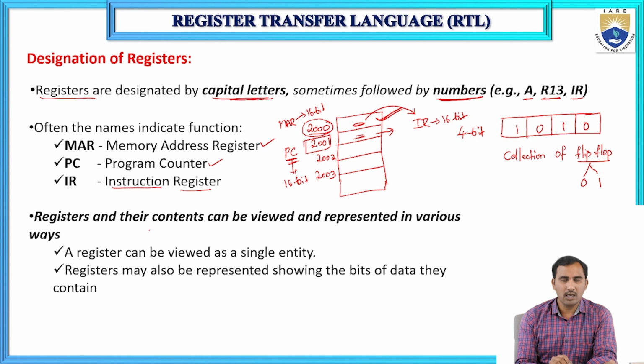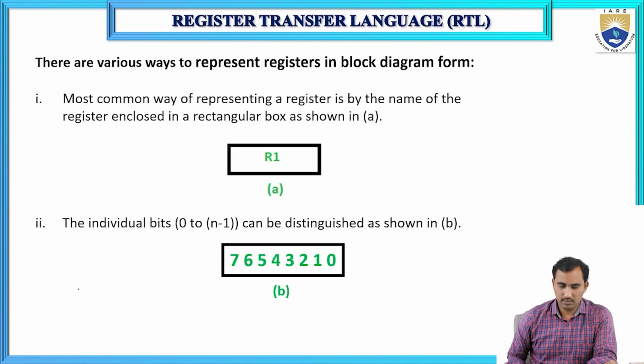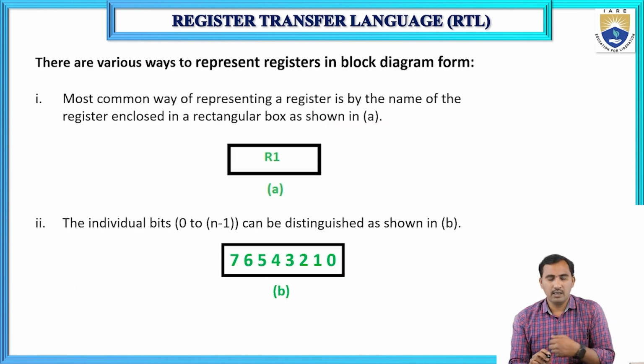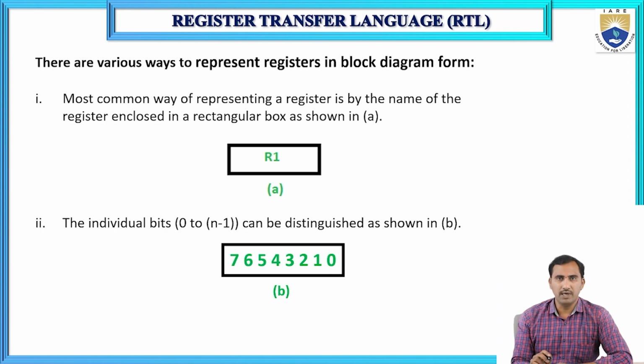Then the registers and their contents can be viewed and represented in various ways. A register can be viewed as a single entity, and registers may also be represented showing the bits of data they contain. We can represent the registers in various ways.